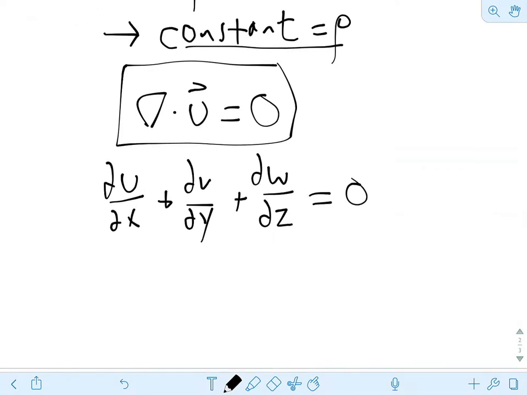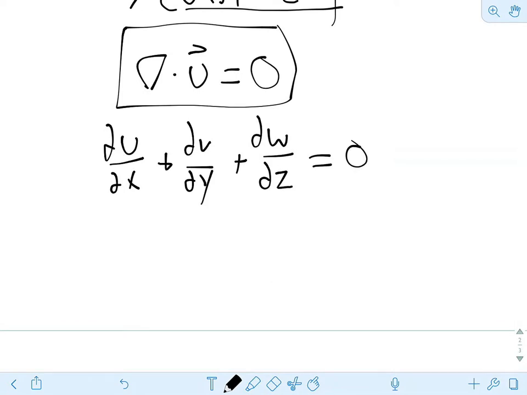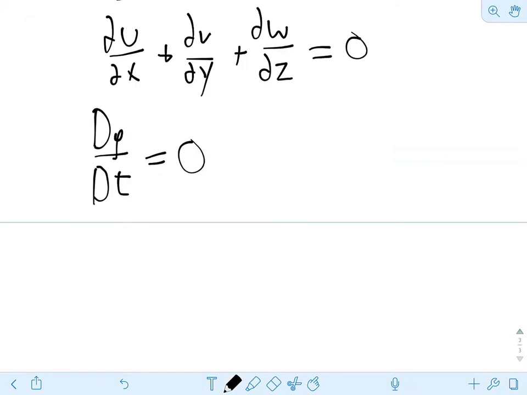Strictly speaking, incompressible does not mean that the density has to be the same everywhere in the flow field. It just means that along a streamline, the density is not changing. Therefore, by definition, d rho dt equals 0 is the true expression of incompressibility. You can essentially have a flow field where this parcel is one density, this parcel is another density.